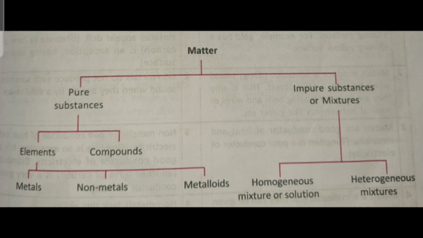Here you can see that the pure substances can be of two types, elements and compounds. The elements are made up of metals, non-metals and metalloids. And the impure substances can be further divided into two parts. The first one is homogeneous mixture or solution and the second one is heterogeneous mixture.